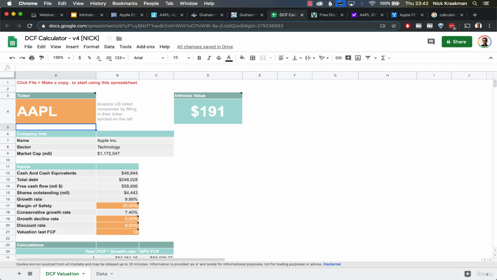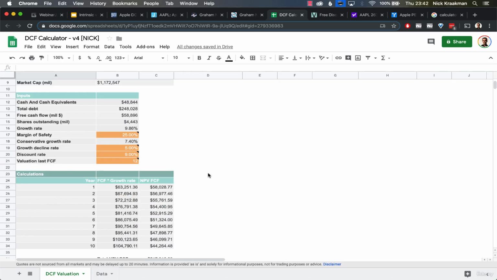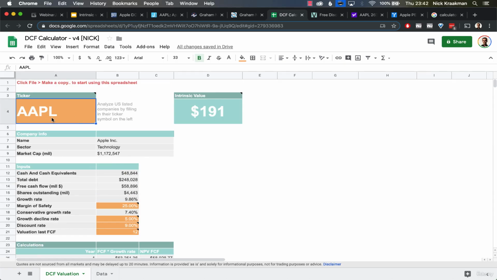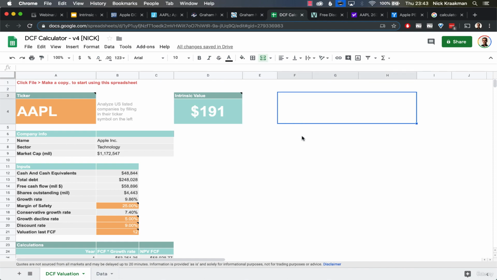All I do is fill in the ticker symbol, and it takes 5 seconds, and then it pulls in all the data. So you literally only have to fill in the ticker symbol. So it's even quicker than all the other things I just showed you, and it gives us a value of 191.